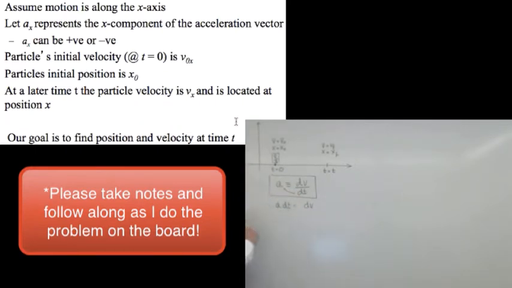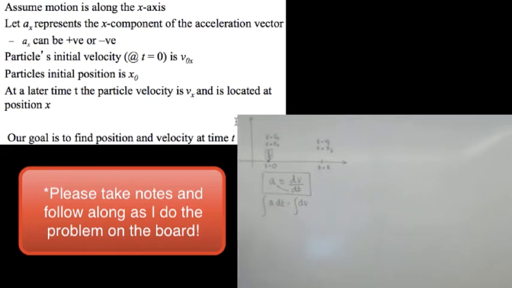Multiply it with this, so it's going to be a dt equals dv. Now, if I was to integrate both sides, where will my limits of integration be? Well, this is over t, so this will be from 0 to t, from initial to final, and this one will be from v0 to vf.